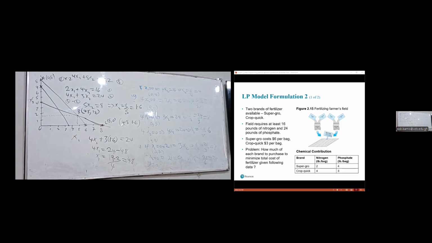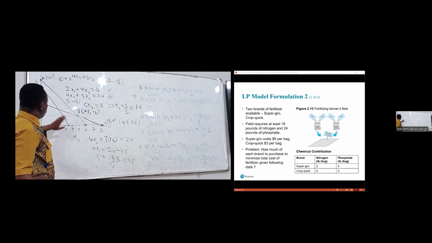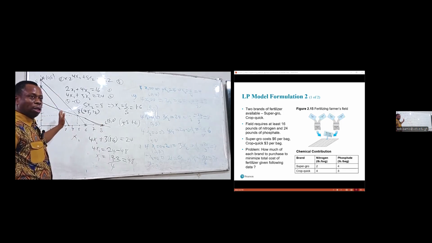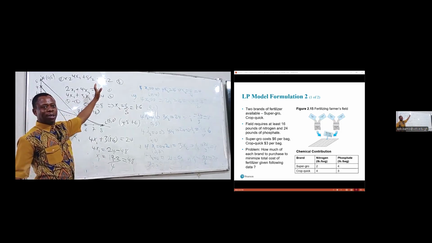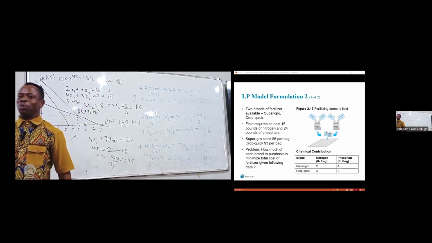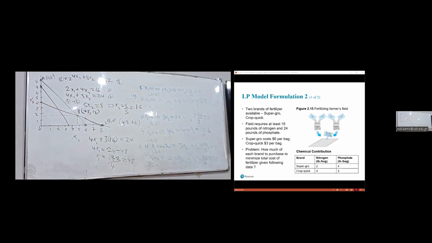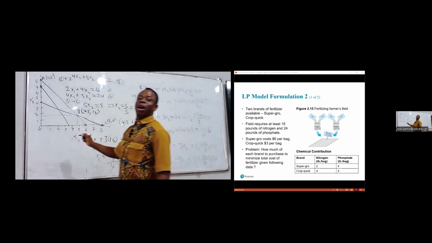Now, you ask yourself a similar question as we asked. Remember, this is the objective function line. If we want to move this line, maintaining its shape and coordinates, and move it out, which of the points will it touch first before it exits? Not last, first. This one is a minimization, so we are looking for the smallest cost. So we are looking for a cost that is closest to the origin.